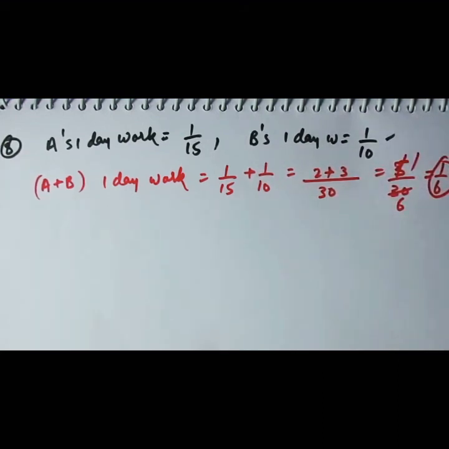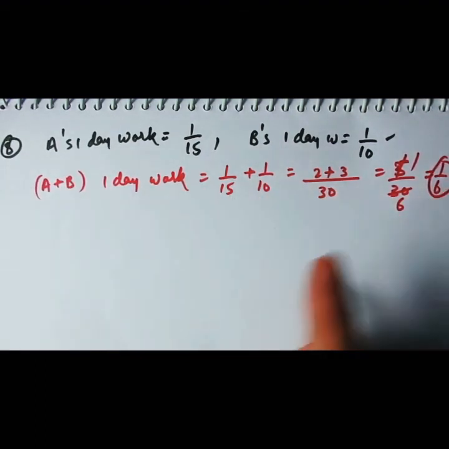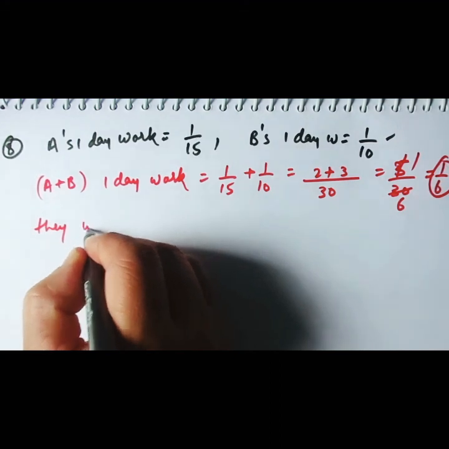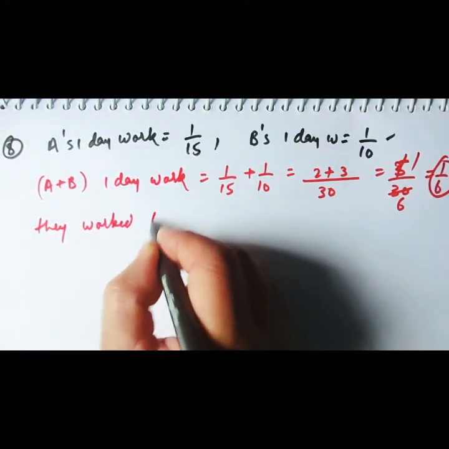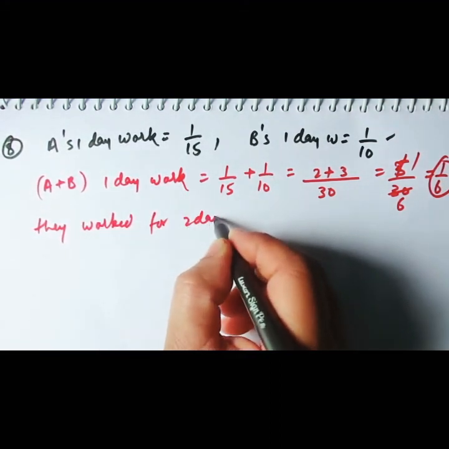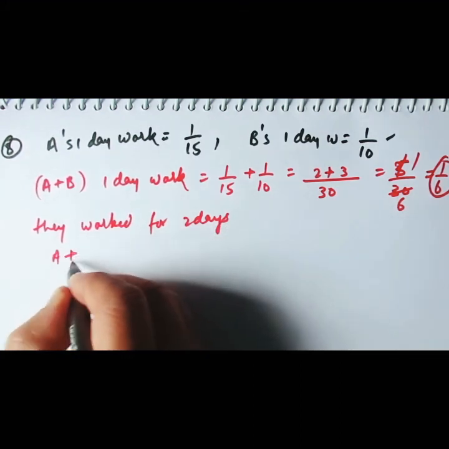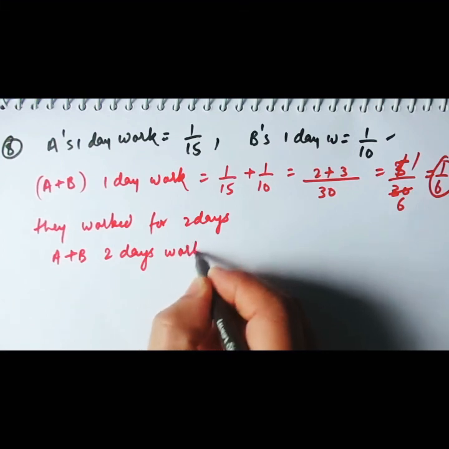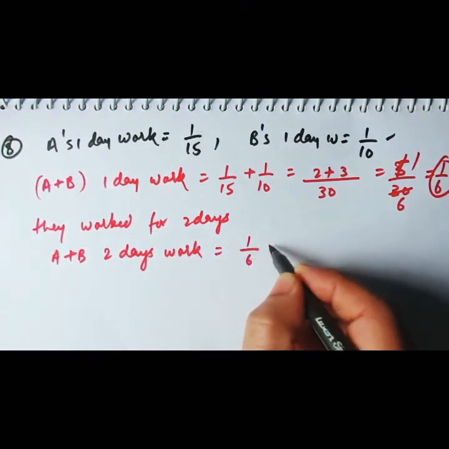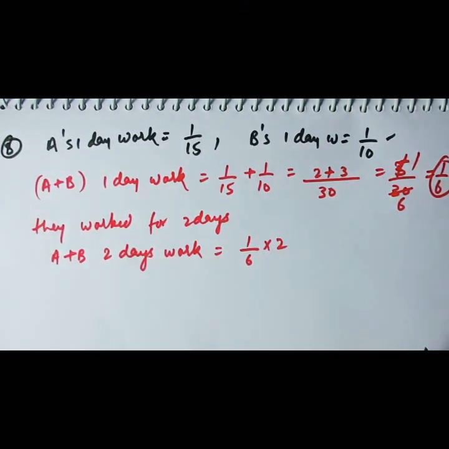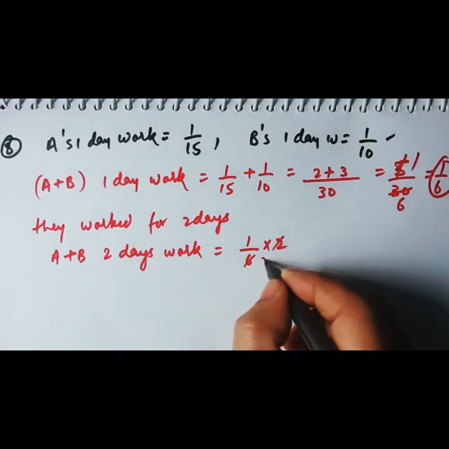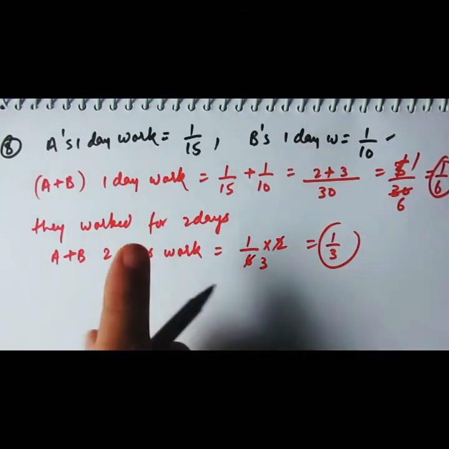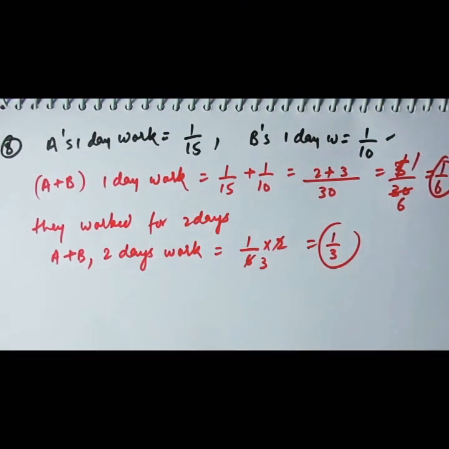So A plus B 1 day work is equal to 1 by 6. They worked for 2 days. So A plus B 2 days work is equal to 1 day work multiplied by 2, which is 1 by 3.